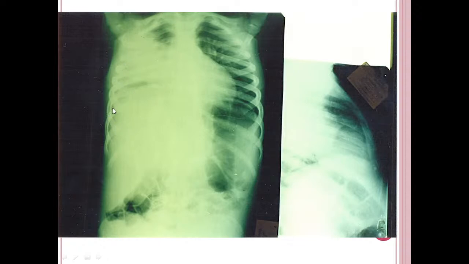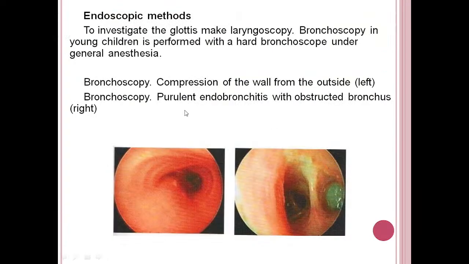Here on the right side you see these changes of the pulmonary tissue, and we should talk about why it happens and what you will see.